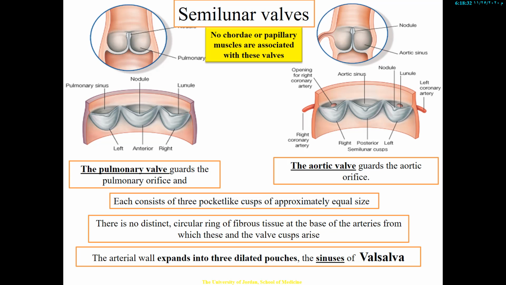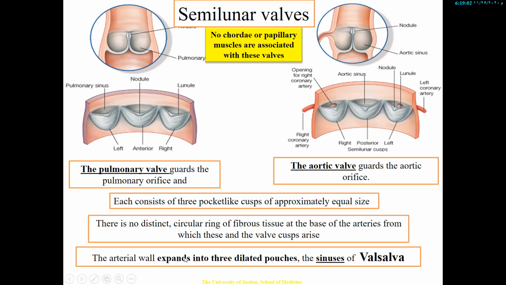Now, there are, of course, cusps also in the aortic and the pulmonary valves. We would see them, and they have 3 pocket-like cusps of approximately equal size.